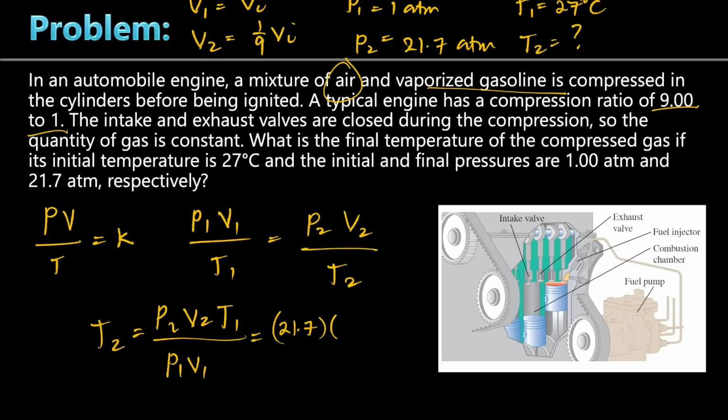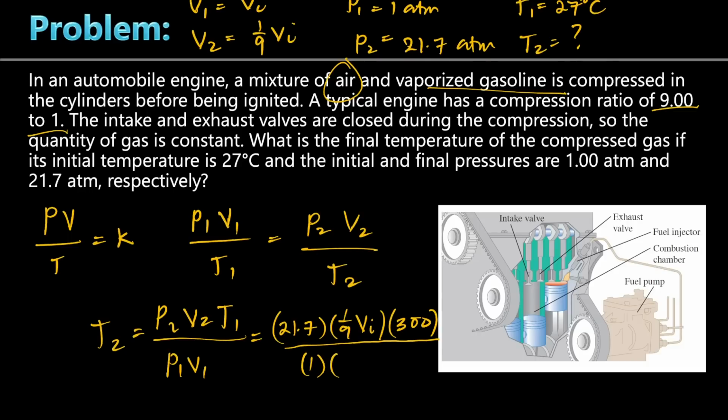And how about V2? V2 is 1/9 of V1 times T1. Okay, T1 is 27 degrees. But 27 degrees in kelvins, that's 300, right? 300 kelvins. Tapos, i-divide natin 'yan sa P1, V1. Ang P1 is 1 atmosphere.